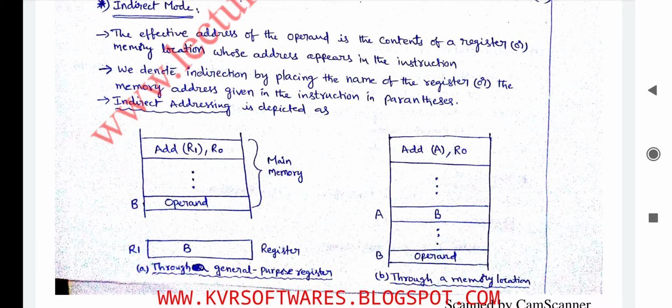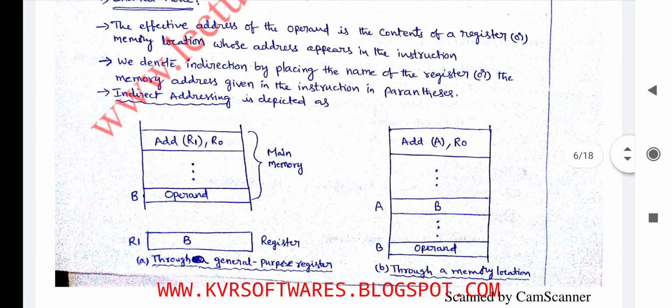Indirect addressing is depicted as I already told you, the difference between direct and indirect addressing. Direct addressing means if you can give the address of the content directly, then it is a direct addressing mode.